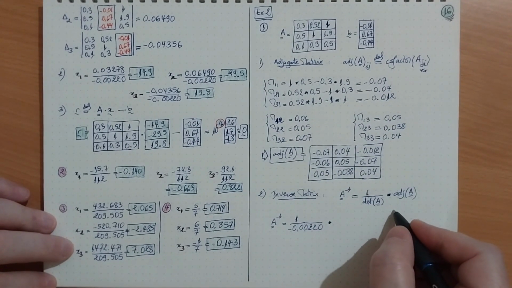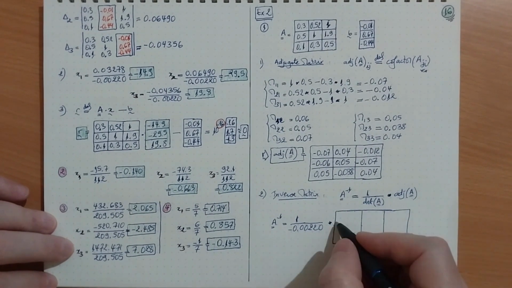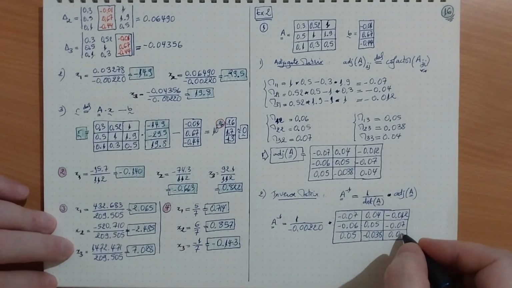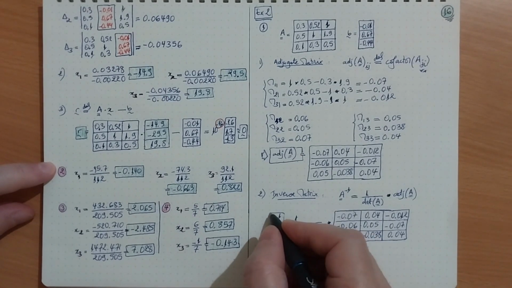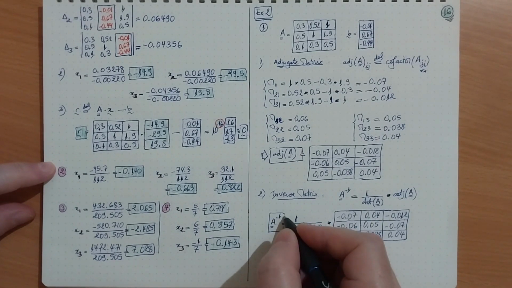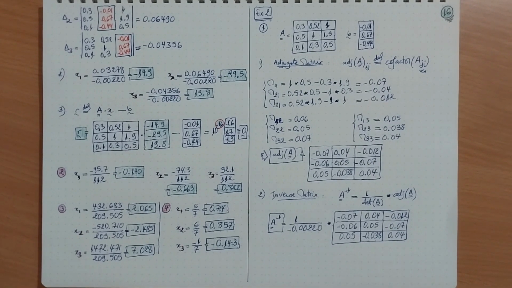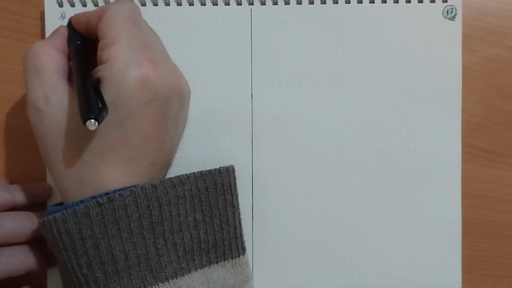Let's repeat it here again. This is our inverse matrix. So let us now see third step, the solution. The third step, we calculate the solution.